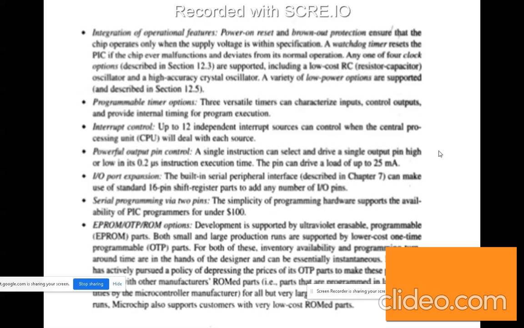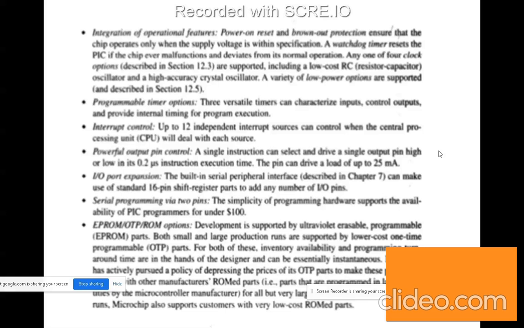Next, these are the features of the microcontroller. Integration of operational features means you can integrate all the circuits in a single chip itself, so it can do many things.